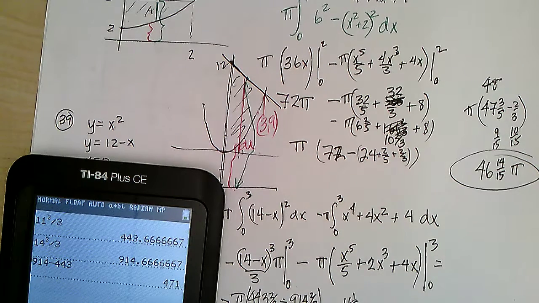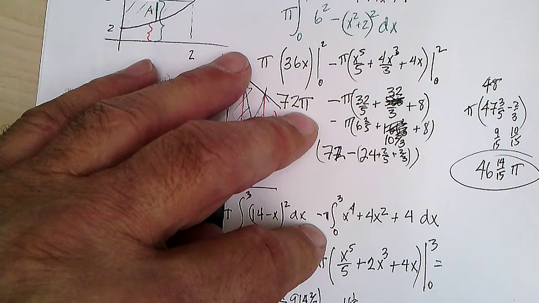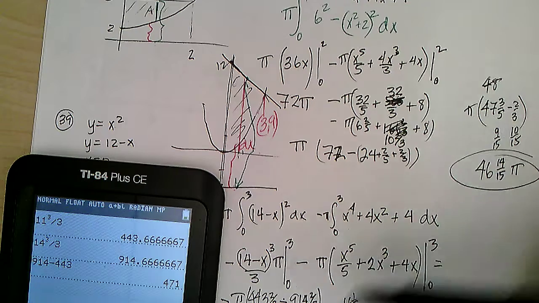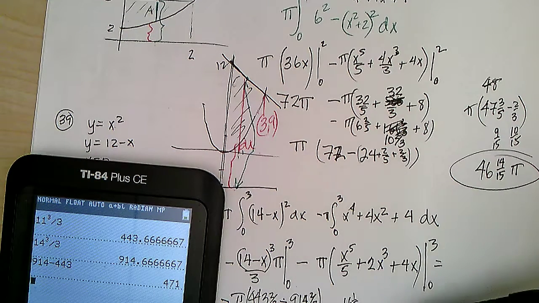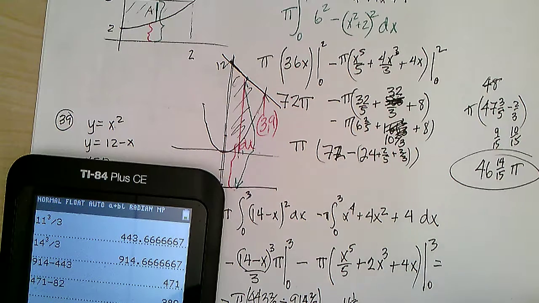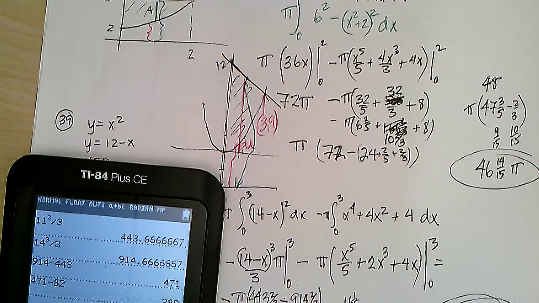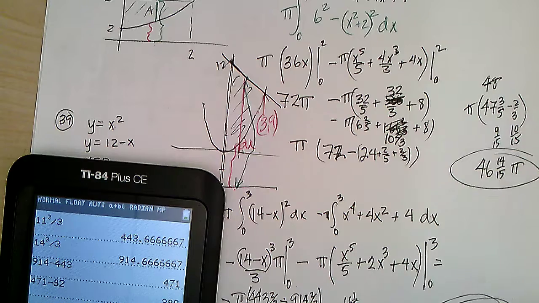So we got 16 onto 54 is 70, 82 and a 5th pi. So we got 471 minus 82 and a 5th is 388 and 4/5 pi. 4/5, which is 0.8.